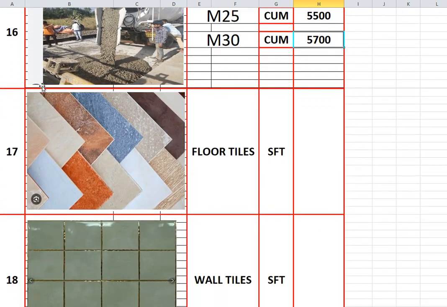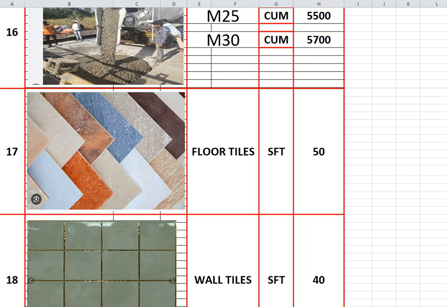Tiles again have different brands involved, so different pricing is there. The average price of a floor tile I have considered is about 50 rupees per square feet, and for a wall tile about 40 rupees per square feet.